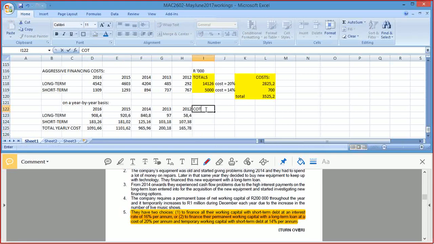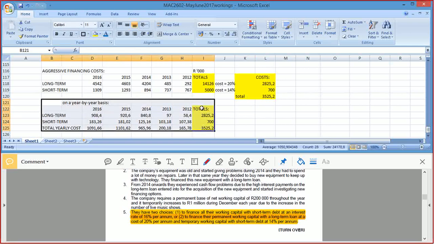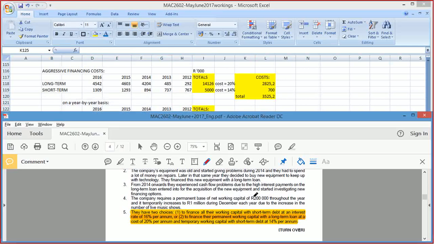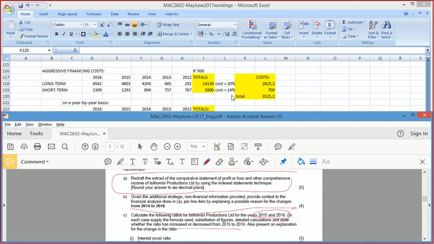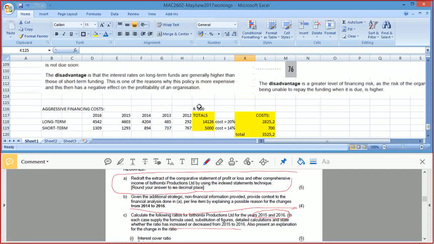And then the total cost here should be the same. Yep, they are. So you can see it on a year by year basis, and the totals if you want the totals. But yeah, I think that's just too much, way too much for 4 marks.